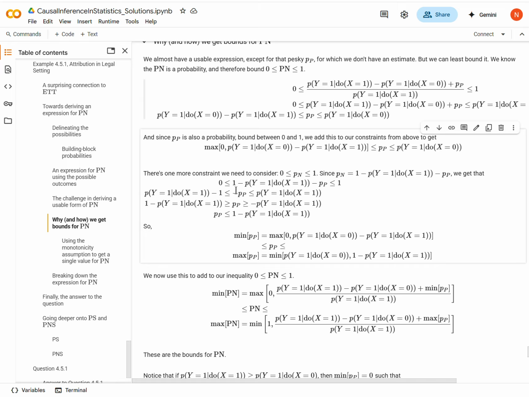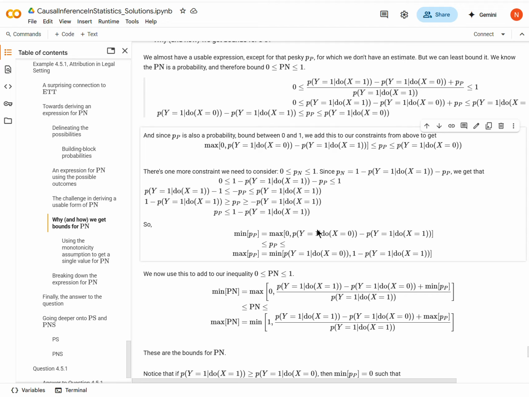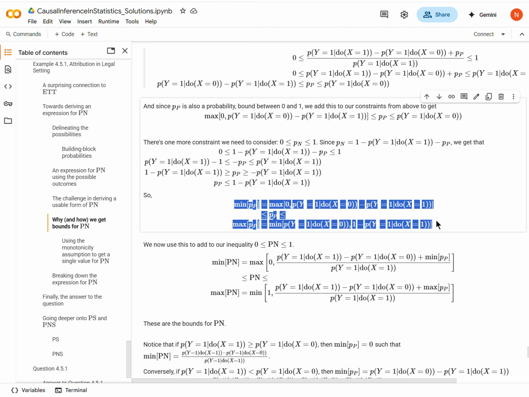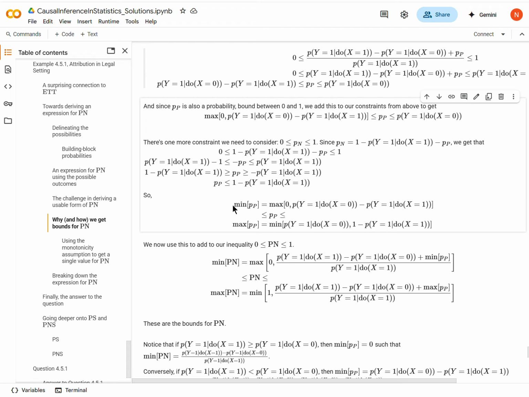Okay, so this is a little hidden step in there, and so we need to consider that. And then ultimately, what we get for the bounds of P sub P is given right here. Okay, so the minimum for P sub P is this right here, and the maximum for P sub P is given by this right here.